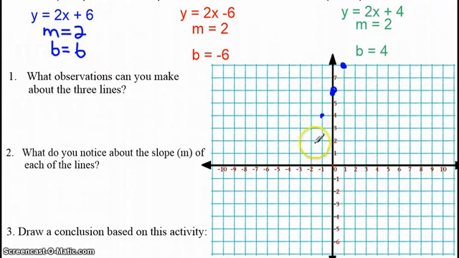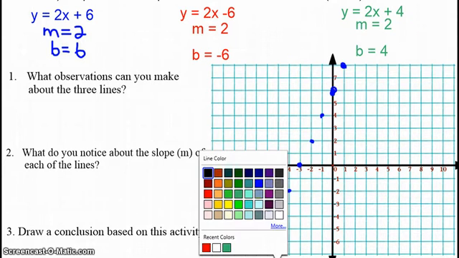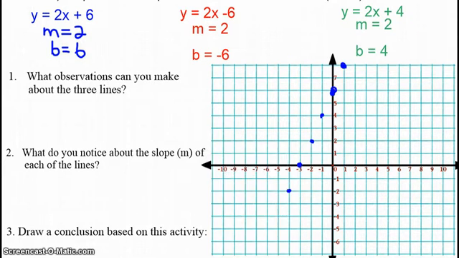Down 2 over 1. And then I am going to connect my points to make my line.